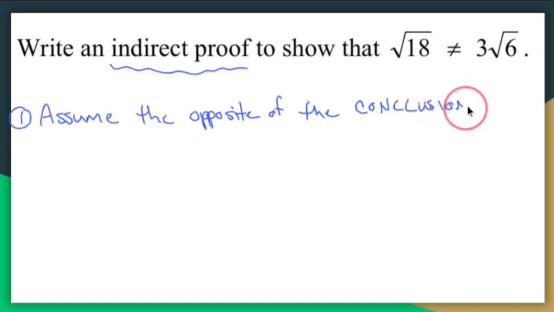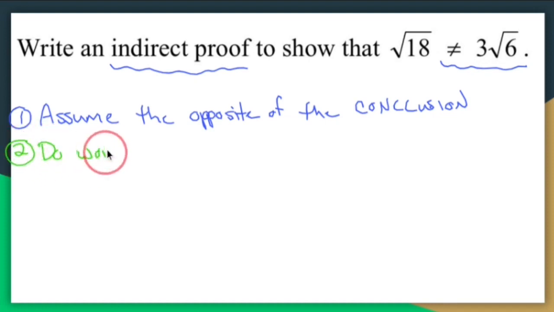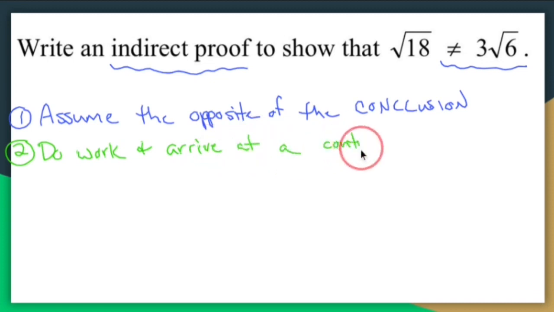What's the conclusion? That's the conclusion, the second part of what you're trying to prove. Let's assume the opposite. In other words, to do this problem, we're going to assume that the square root of 18 is 3 root 6. Then what we do is some work, whatever work we have to do, and arrive at a contradiction.